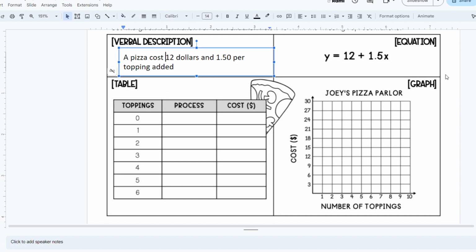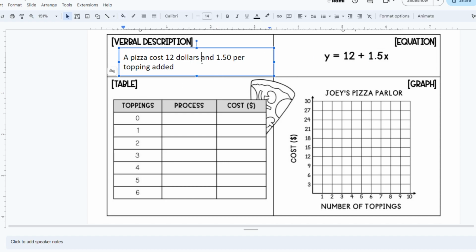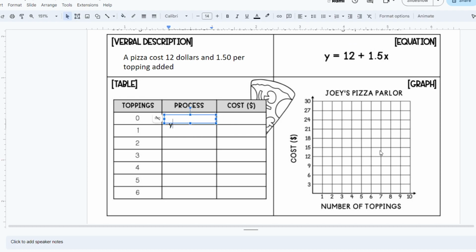And then you can see $12 is where it starts. 1.5 is how many toppings you have. The process is going to be y equals, just like the last one, $12 plus 1.5 times 0, because that's with 0 extra toppings.